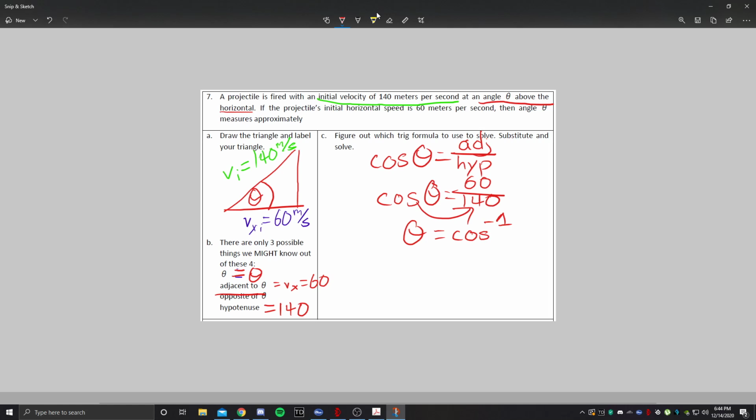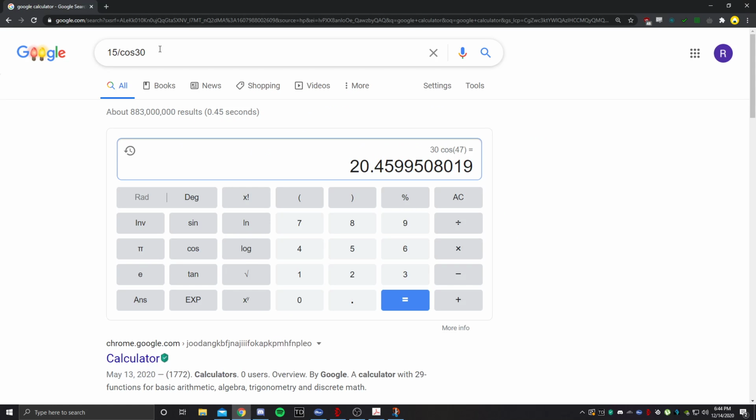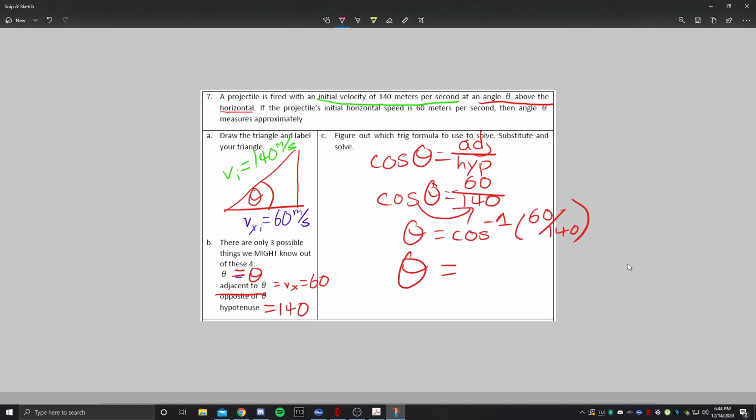So theta is cosine negative 1 of 60 divided by 140. You get 64.6, and theta is 64.6 degrees.